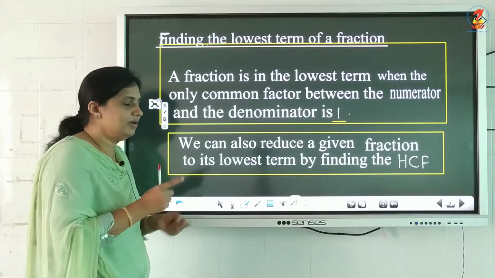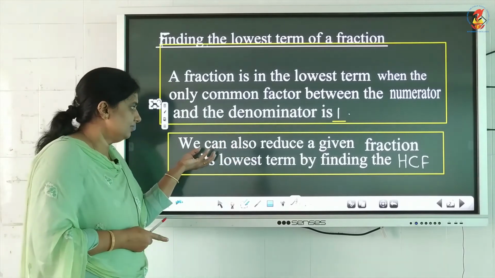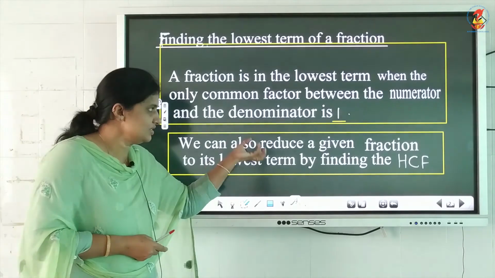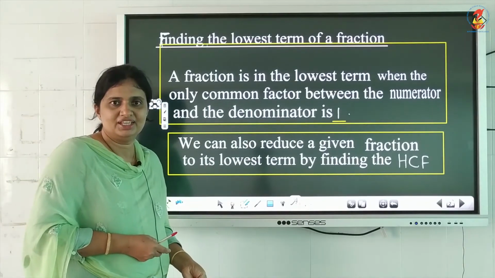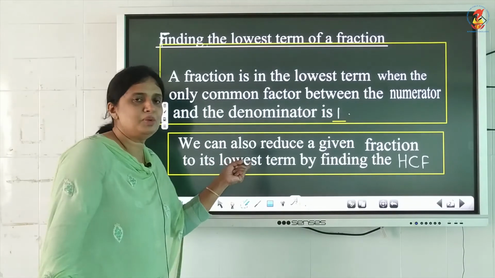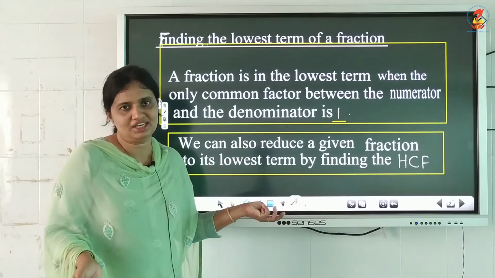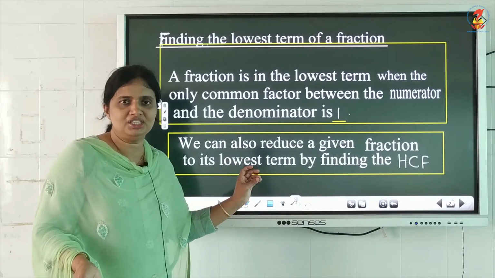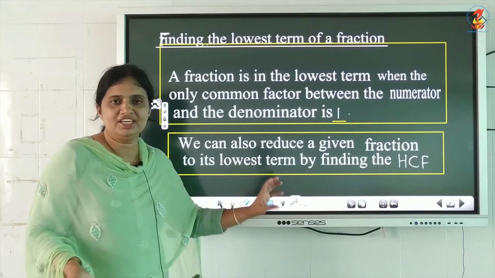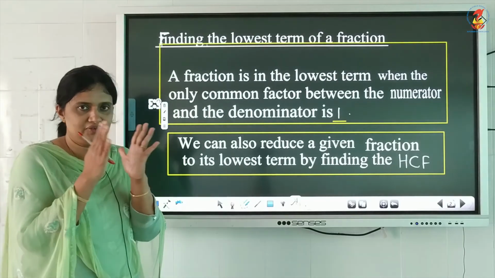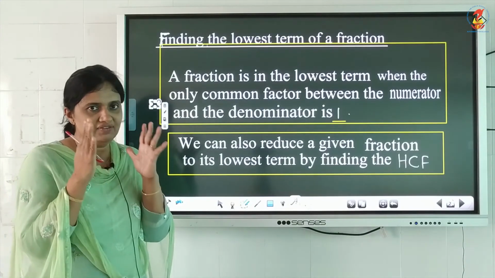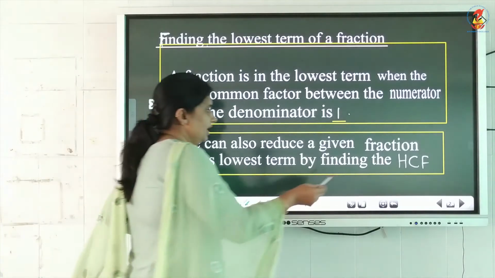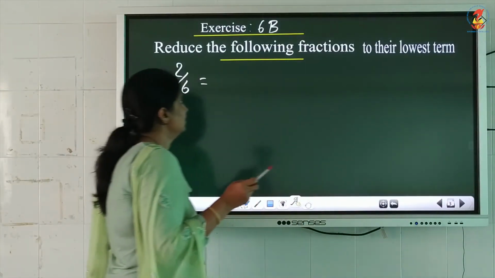How can we reduce it into the lowest term? There is one method, that is finding the HCF of the numerator and denominator. After that we need to divide the numerator and denominator by the HCF. You will get the lowest term of that fraction. All these are very, very important. You need to understand it and study like that. I will explain with the problem, then you will understand.